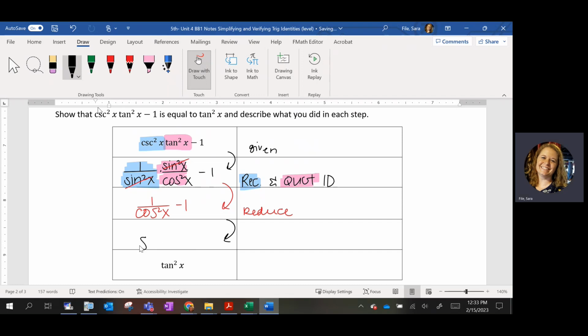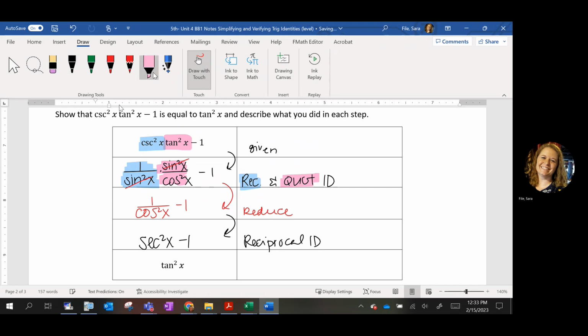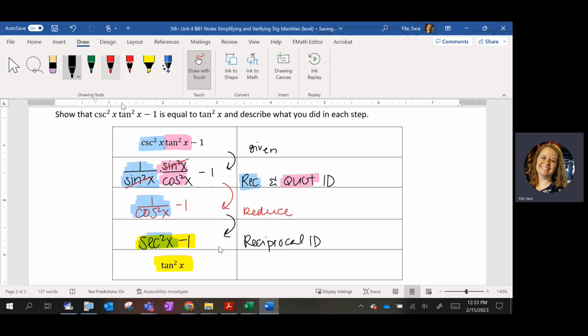Secant squared, right? That is the reciprocal ID again. It's a different reciprocal ID, but it's a reciprocal ID. Then that entire expression there, secant squared - 1, is tangent squared. What is that? That's your Pythagorean ID.